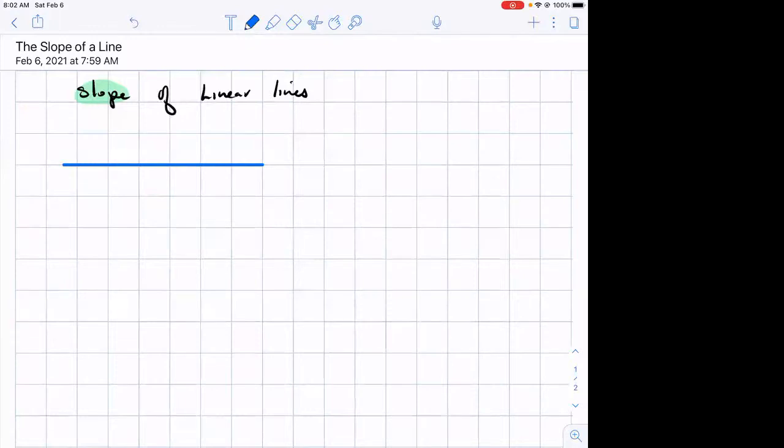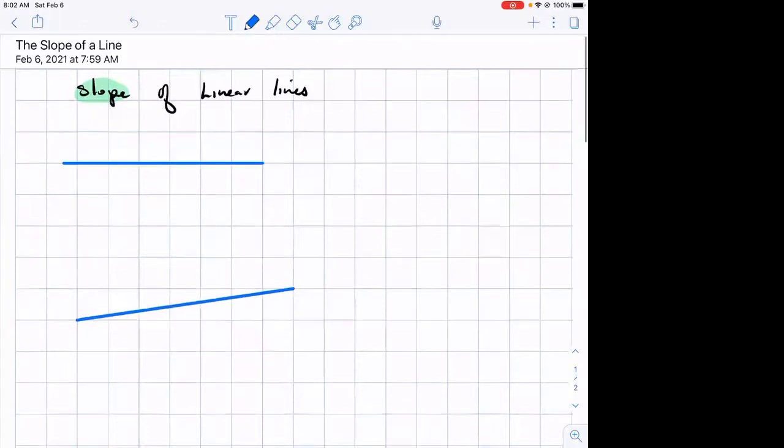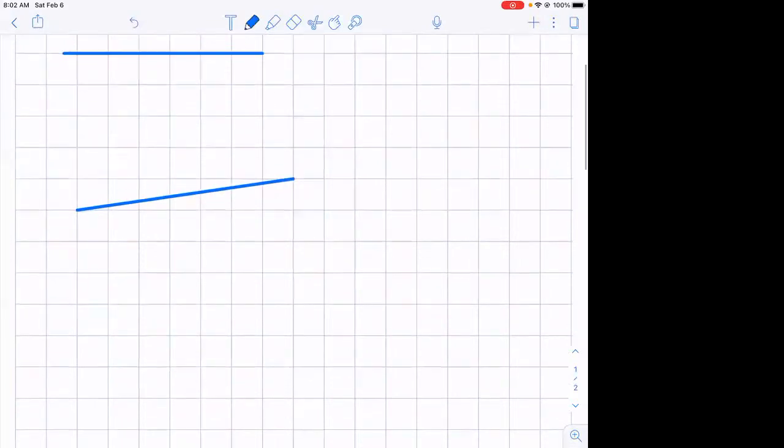If I look at this line here, we say that that line is a little bit steep. If I look at this line here, this line we can say is more steep. Okay, so we want to find a way to identify what is the number that measures your steepness.